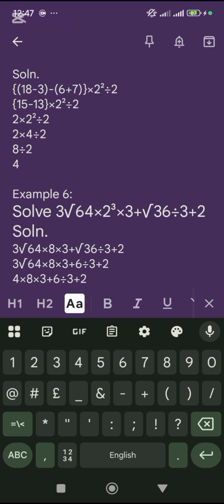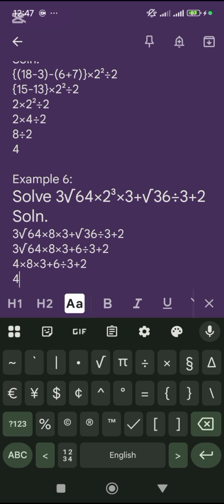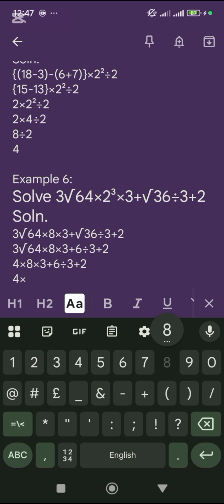Okay, and so what do we do now? We divide, because we have division there. So we can have 4 times 8 times 3, then 6 divided by 3 will be 2, so that we can have plus 2 plus 2.